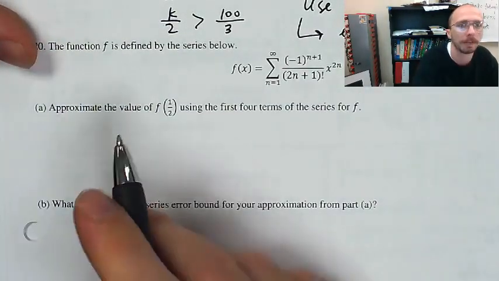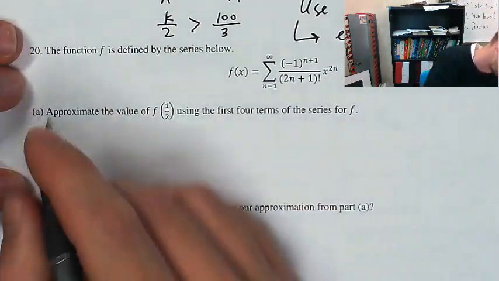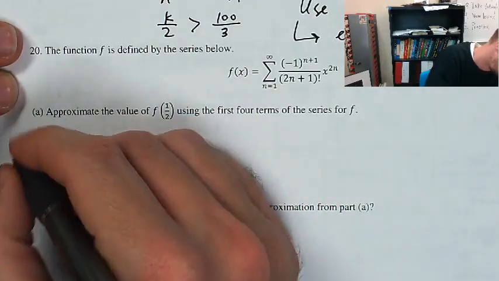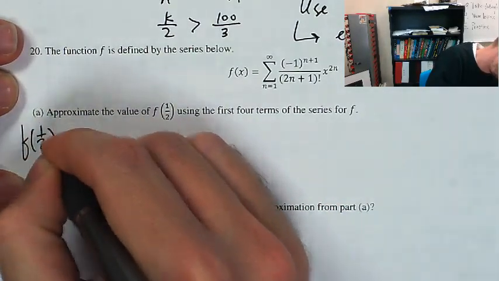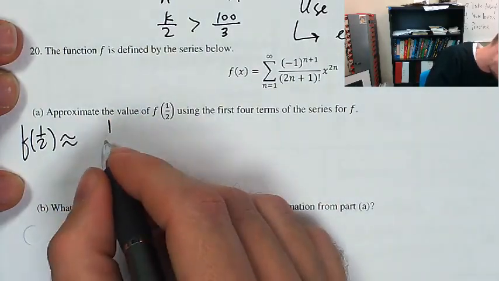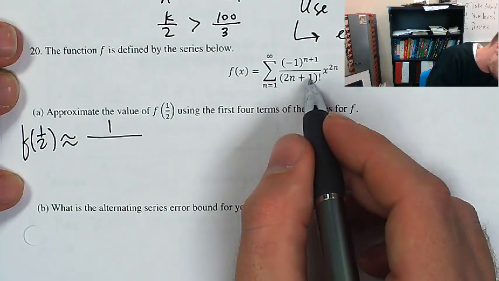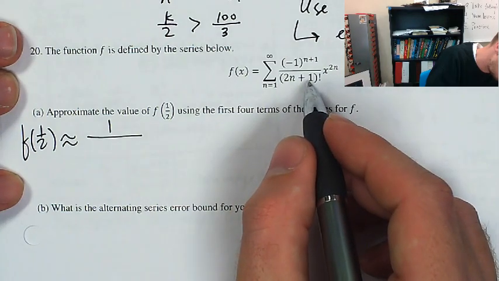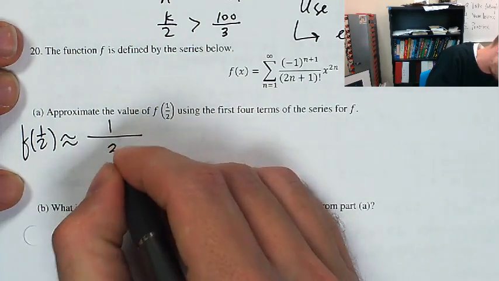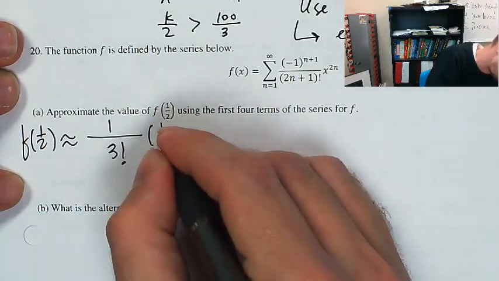Approximate the value of f of 1/2 using the first 4 terms of the series for f. Okay, starting with n equals 1: -1 to the 2 is +1, divided by 2n plus 1 factorial. So that's 2 and 1 is 3 factorial, times 1/2 to the 2.